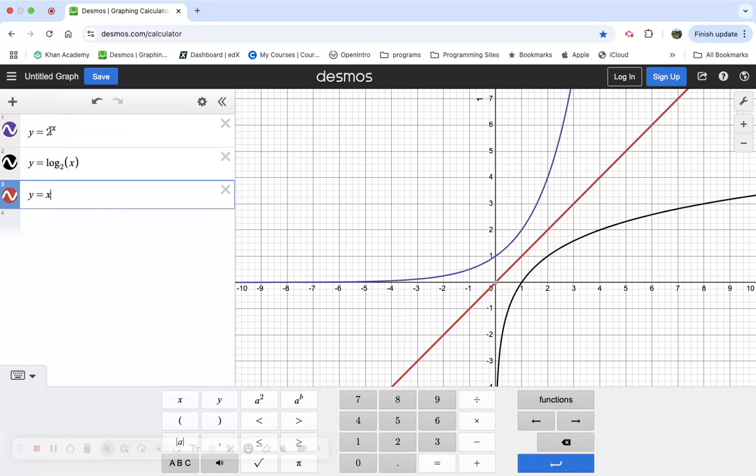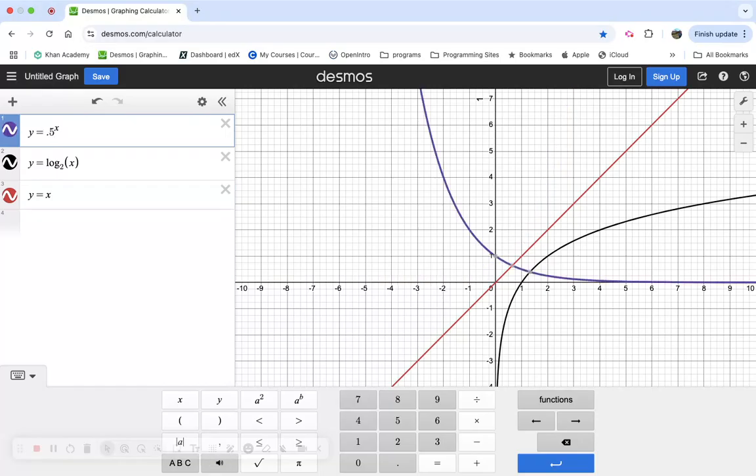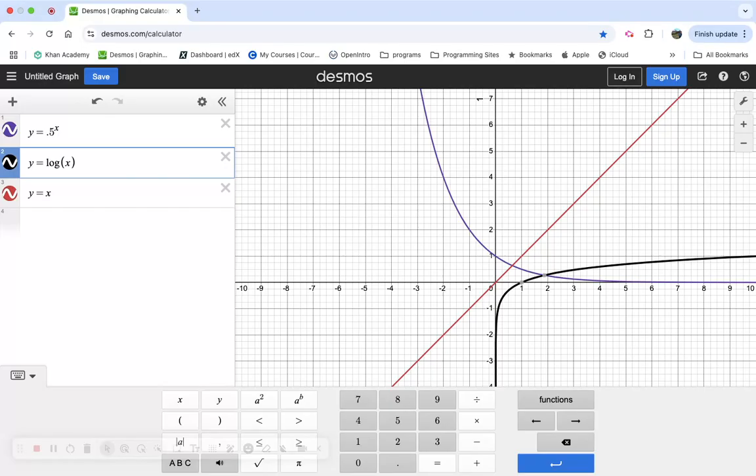If I try to make this a fraction, let's say 0.5, I think we might have a problem. Now if I try to change this base to 0.5, let's see what happens. That's not a base, is it?